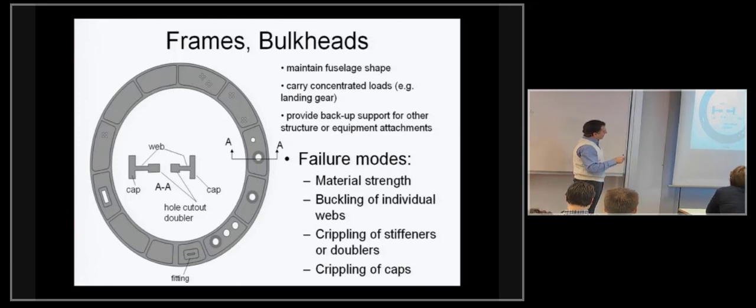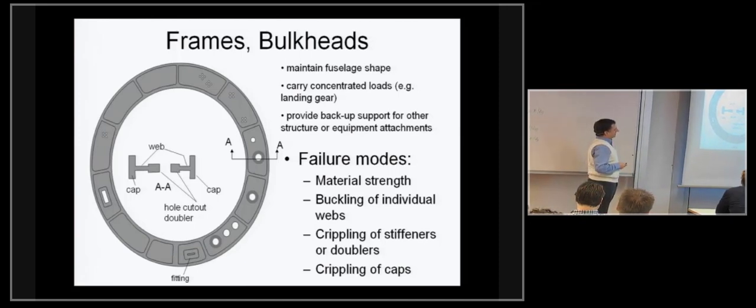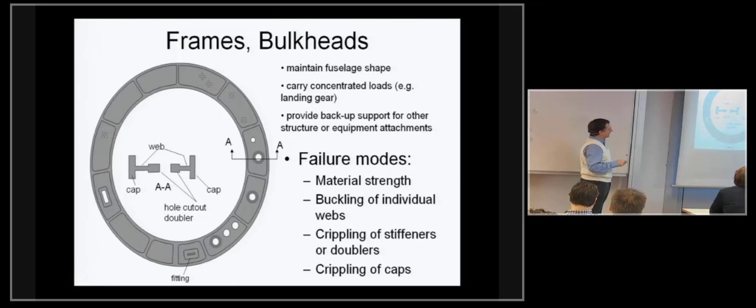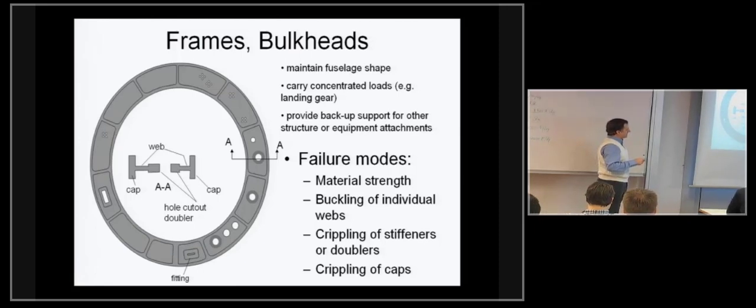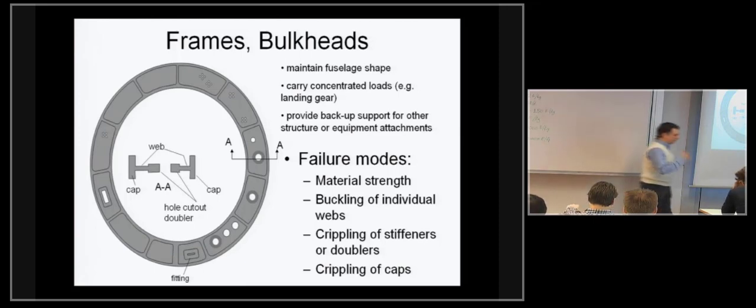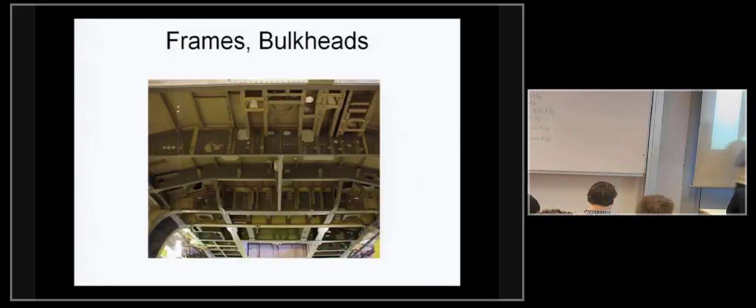And you then recognize the webs constitute simple plates, and those can buckle or can fail in strength and so on. And of course, if you then have cutouts, you have to decide how you design the structure around the cutout. This is meant to be some kind of reinforcement here to give you both the buckling resistance that you might need and the strength, especially when it comes to local failure around the hole because of the stress concentration effect of the hole.